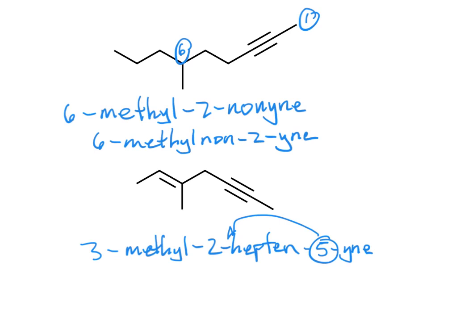Okay, you'll also notice just one other little spelling issue. There could have been an E right here after the ENE at the end of the double bond suffix, but since the name is going to continue, we drop that E, insert the number indicating the location of the triple bond, and finish the name there.